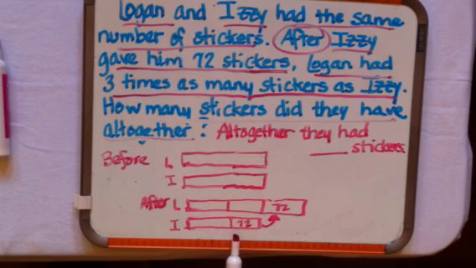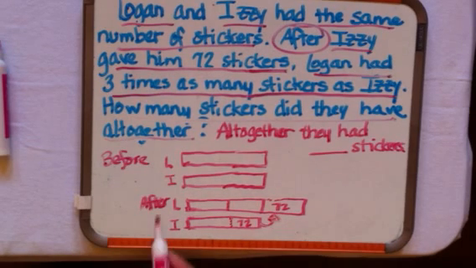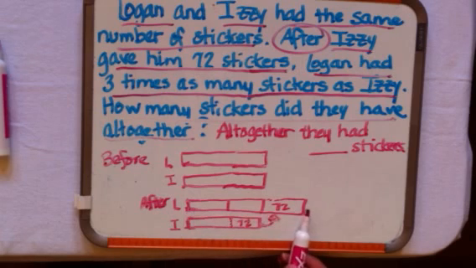I take a portion representing 72 stickers off of Izzy, and I'm showing that she gives this to Logan. So Logan's amount increases by 72. The problem says that after this takes place, Logan then has 3 times as many as Izzy.